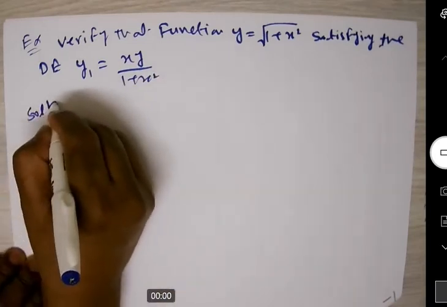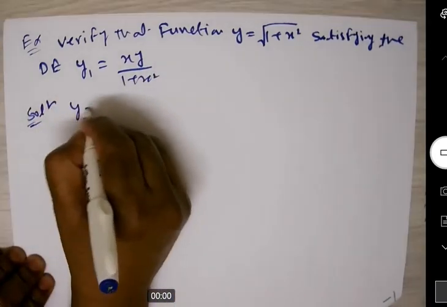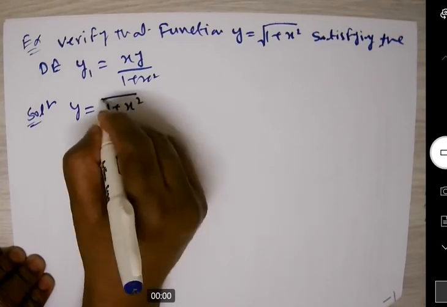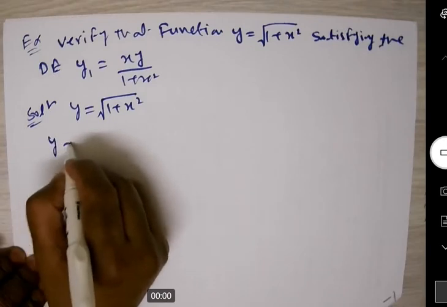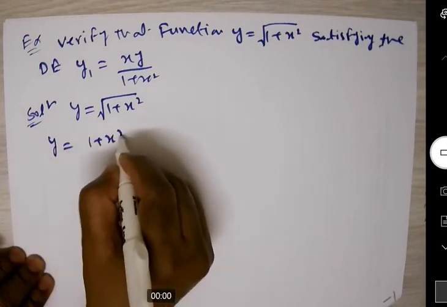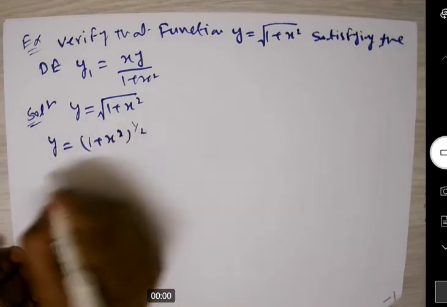Now I am going to check that. The function is y equal to square root of 1 plus x square. What is needed is y1. Here I can write this as y equal to 1 plus x square to the power half. So find y1.